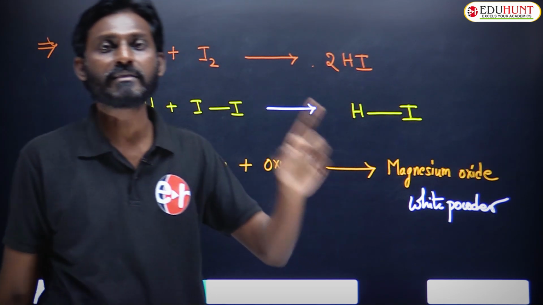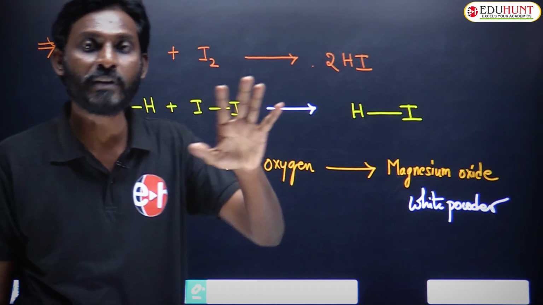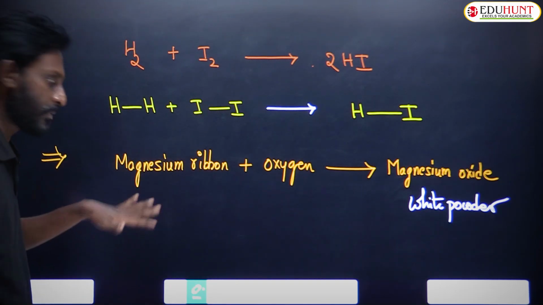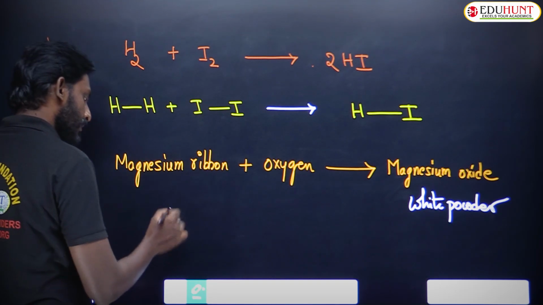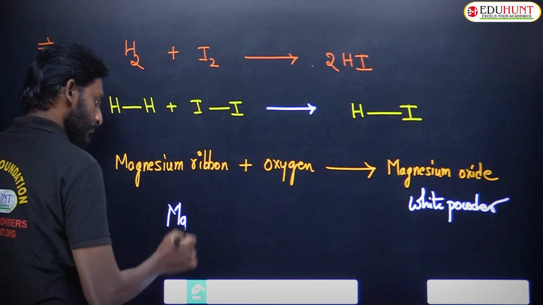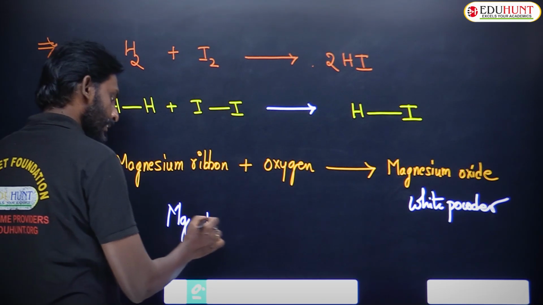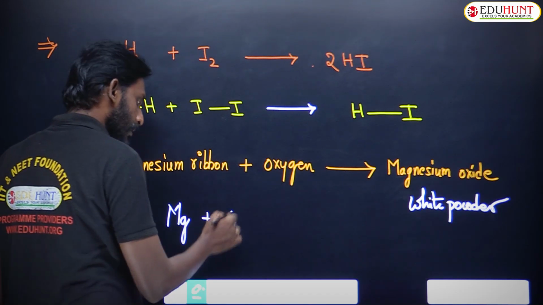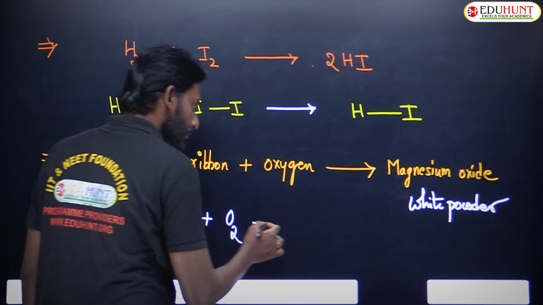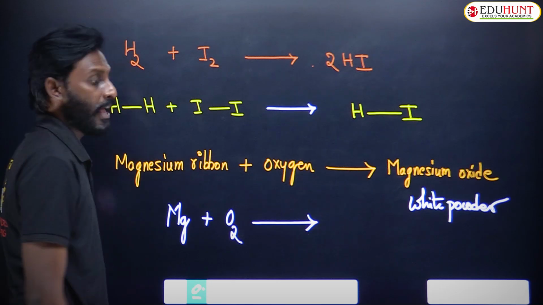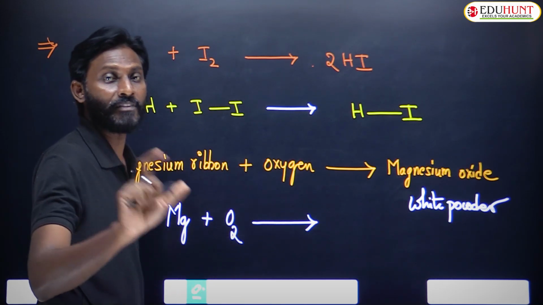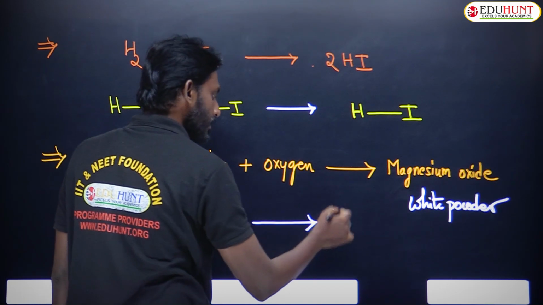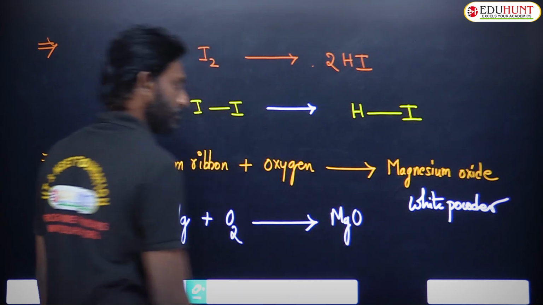The way to represent this chemical reaction on paper is to take the magnesium element symbol, and oxygen symbol O2, and make an arrow mark like this, and you must know the formula for magnesium oxide, MgO.